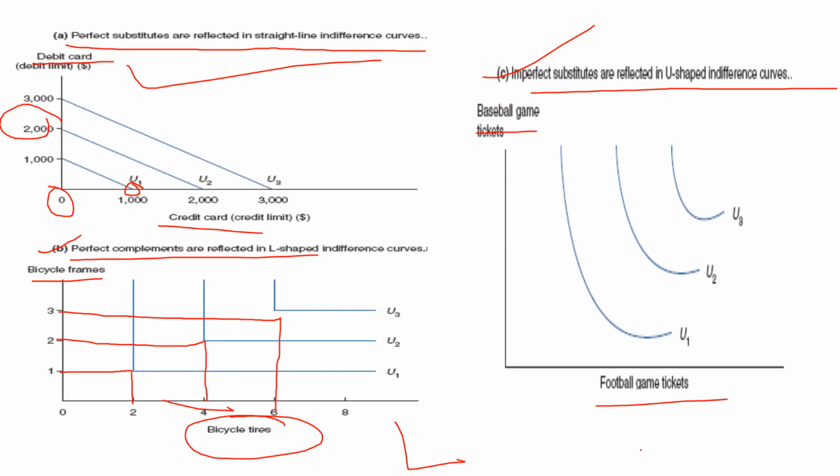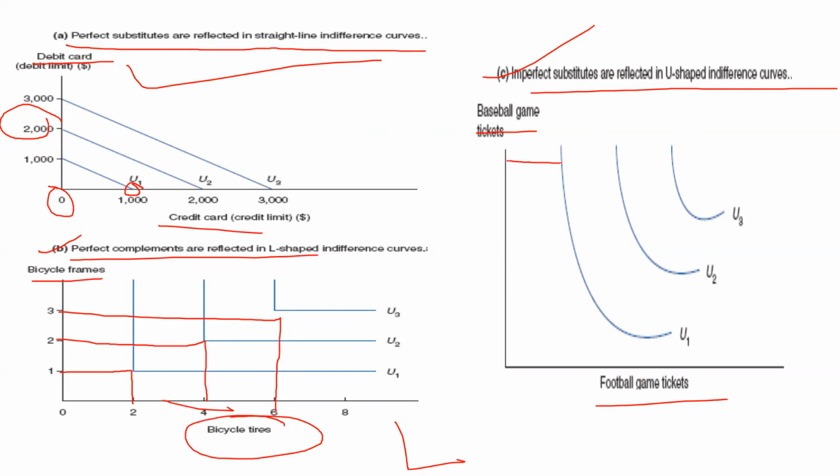Let's say one person is interested in watching the baseball game as well as the football game. He would like to watch both games, but these are not perfect substitutes of each other. If he leaves one match and watches only one, he will not get the maximum satisfaction.